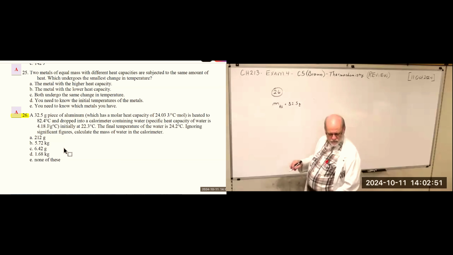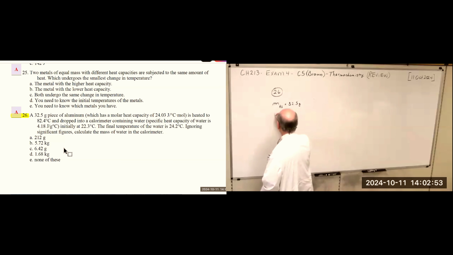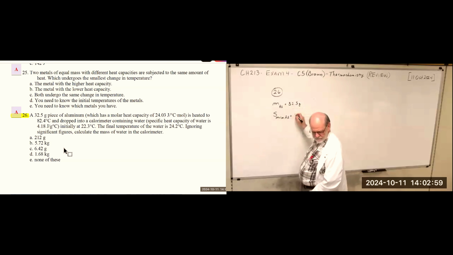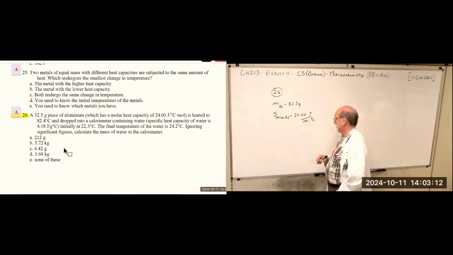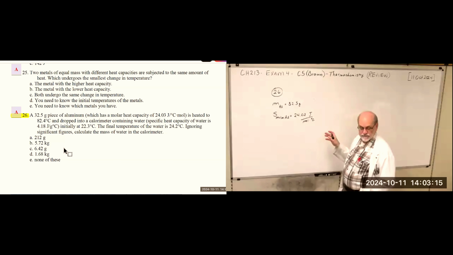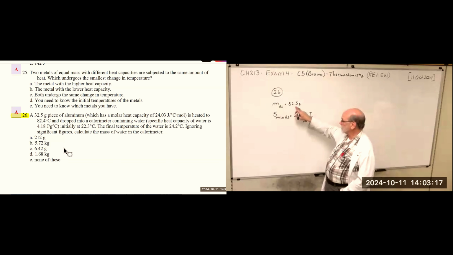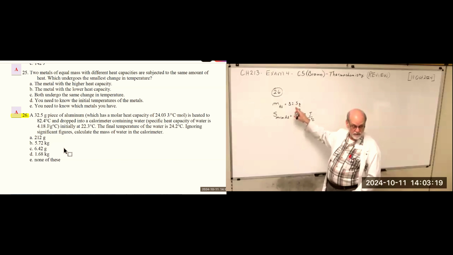Molar heat capacity equals 24.03 joules per mole degree C. There you can see a fly in the ointment already. That's not in moles, so we're going to have to convert to moles in order to use this value.